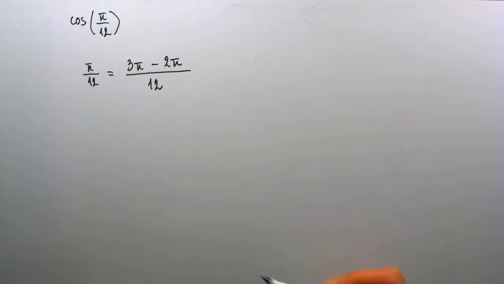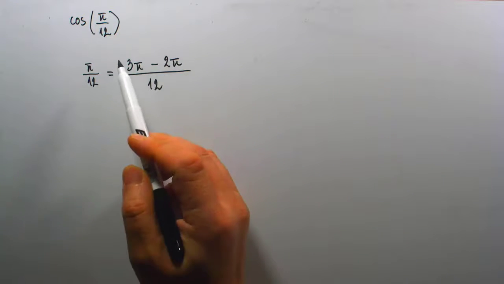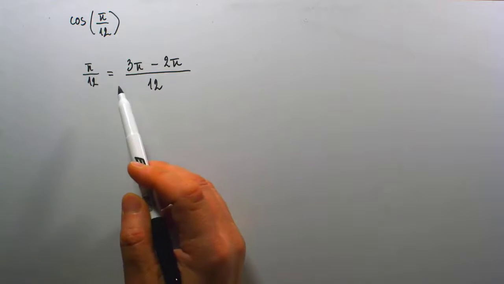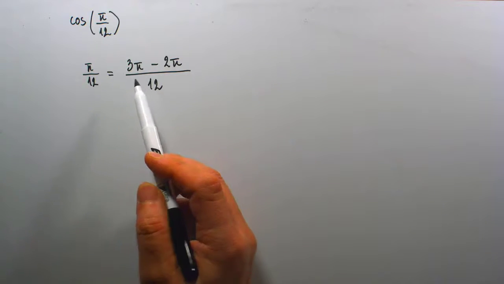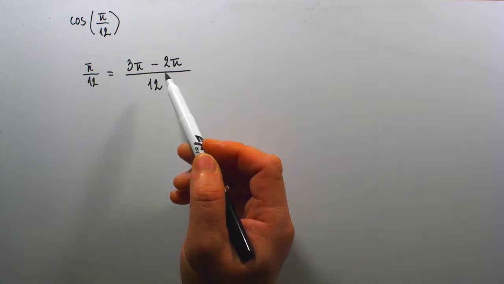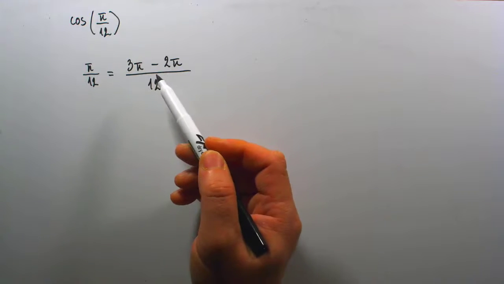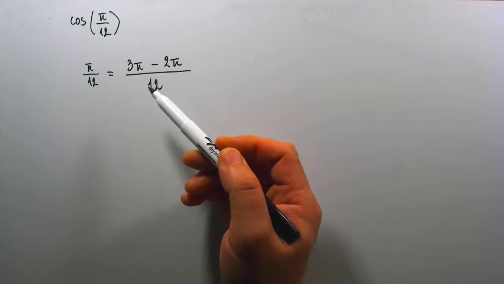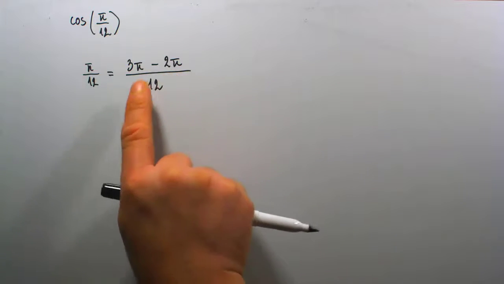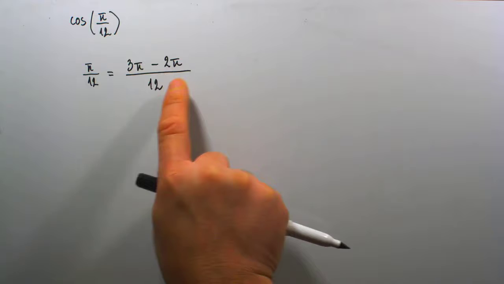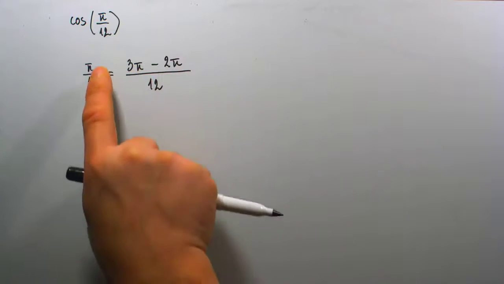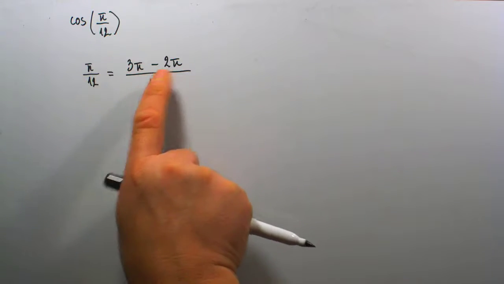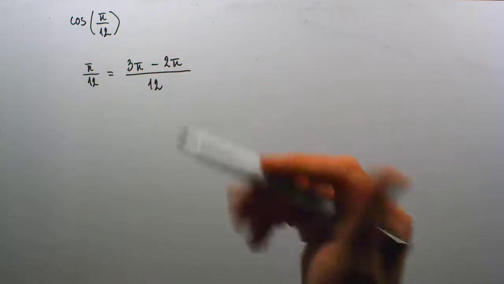Even though the instruction said to use an addition or subtraction formula, it's really intended that we only have to make a choice of one of those. So here I went with a difference because right now it comes out more obvious for me. So pi over 12 can be expressed as the difference 3 pi minus 2 pi.